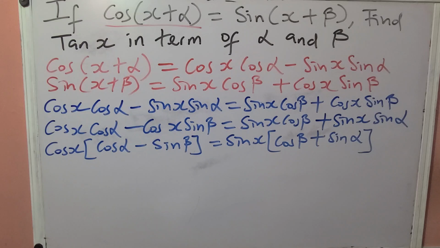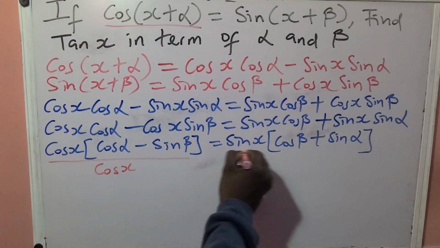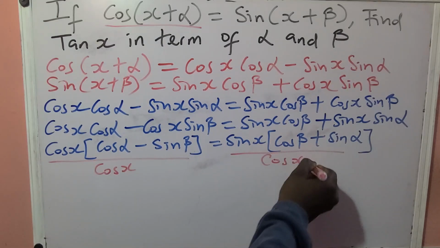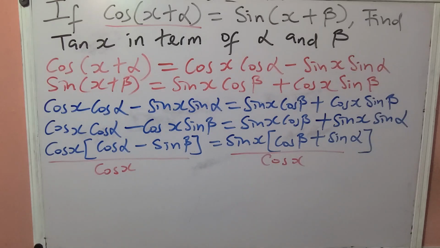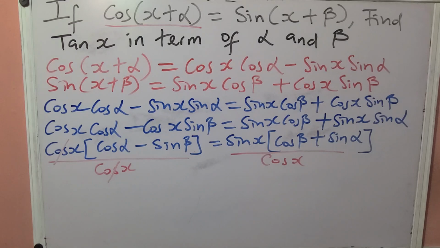So this is looking more like what I'm interested in. I can decide now to divide both sides by cos x. The reason why I'm not dividing by sine x is because I know tan x is sine x over cos x. So if I divide both sides by cos x, obviously this particular cos x will cancel out on this side, while on the other side, it will produce tan x.